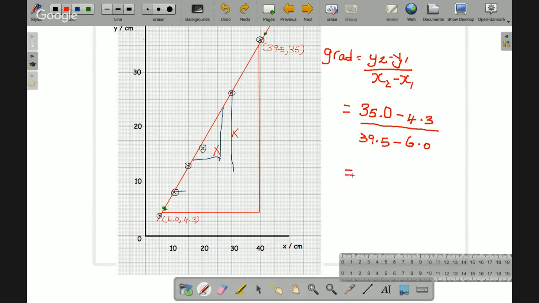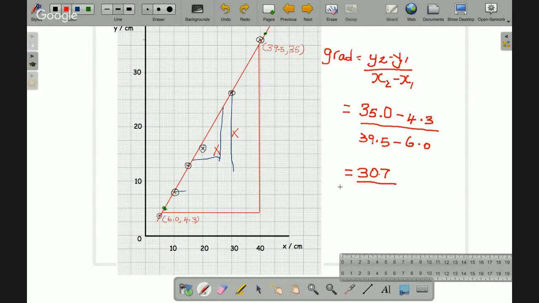Okay, so what we end up with there? 35 minus 4.3. I'm using my calculator there, so I don't make any mistakes. 30.7 divided by 39.5 minus 6. That should be easy to do, but I'm not thinking.